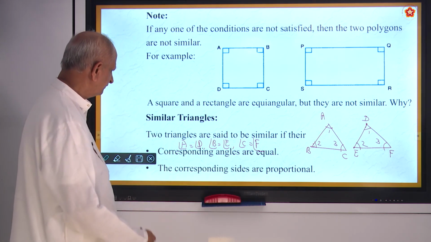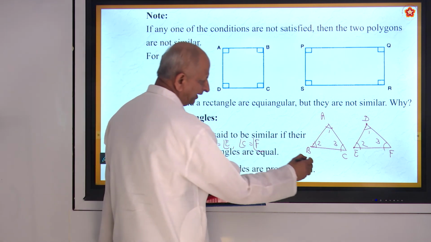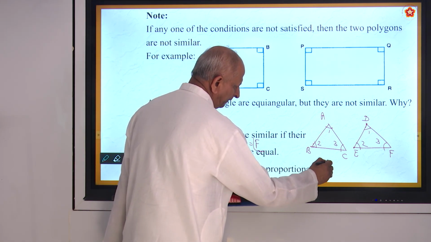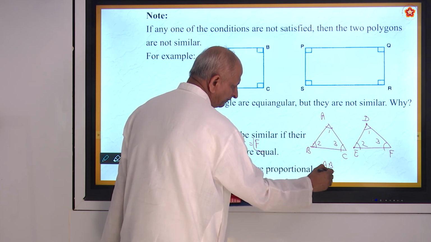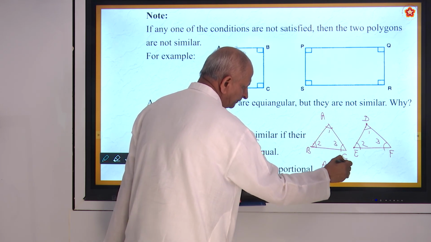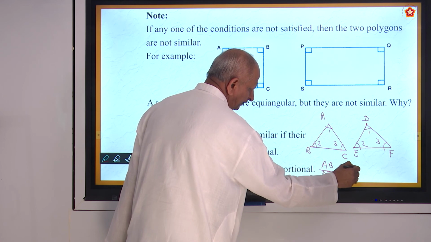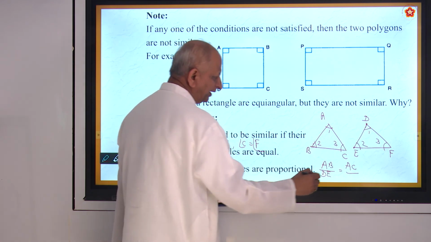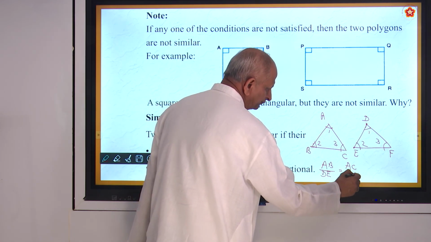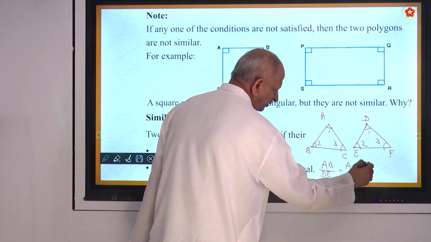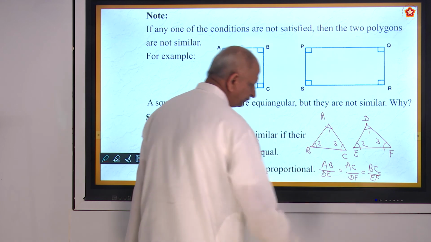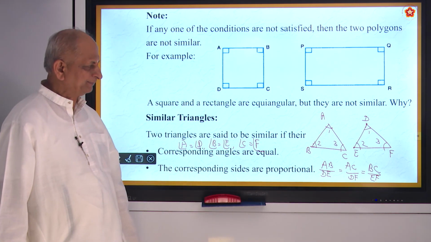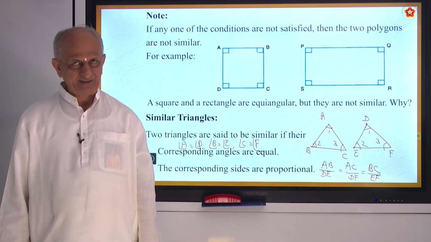Second, corresponding sides are proportional. Means what? Sides, come on, name them. AB, corresponding side here, DE. AC, there it is, DF. Note down, note down, note down. BC, EF. That is what is called corresponding sides are proportional.